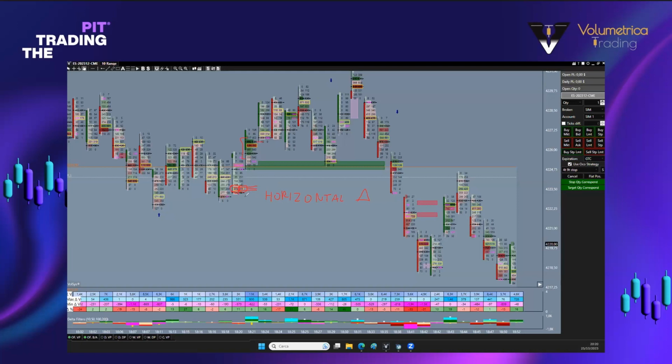In this case, as you can see, we have 374 contracts selling and 201 buying. That means the horizontal delta for this specific price tick comes with a dominance of sellers, and that's the reason why the price tick is red.